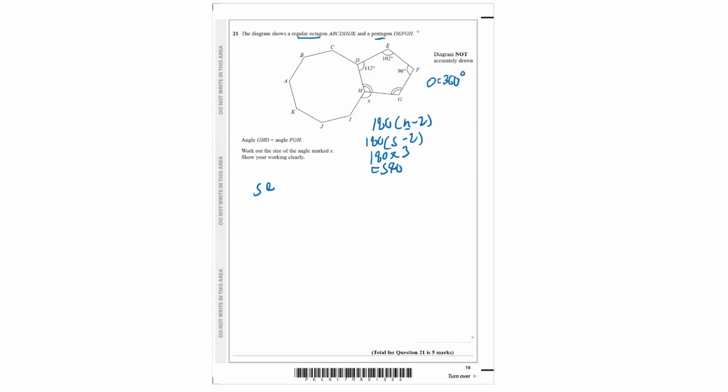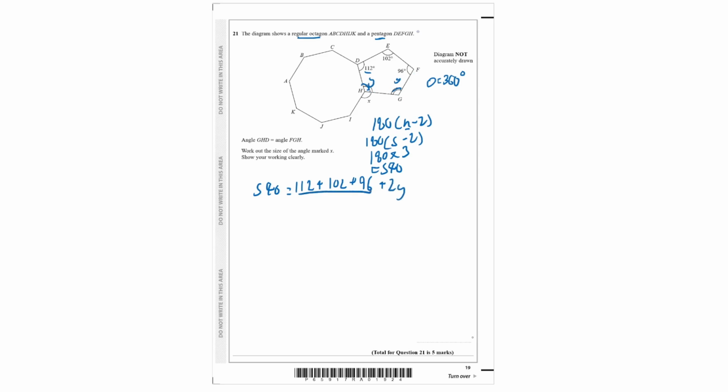Now we know that 540 is equivalent to 112, because it's given here, plus 102, plus 96, and we can see that angle DHG and angle HGF are equal. So we can replace them by y and write plus 2y.